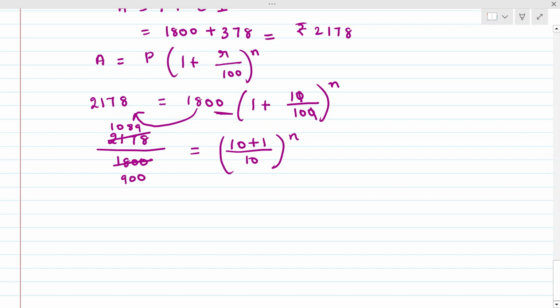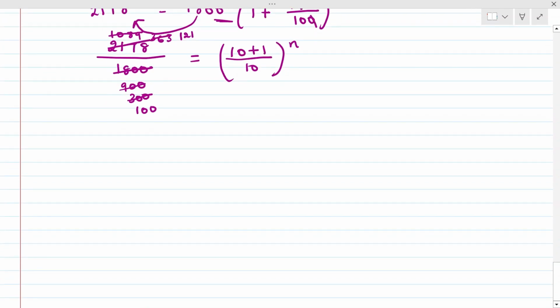Now again when we cancel with 3, it will become 300 and this 1089 will become 363. Again we can cancel with 3, it will become 100 and here it will become 121. So now what is left is 121 divided by 100 equal to 11 by 10 the whole power n.